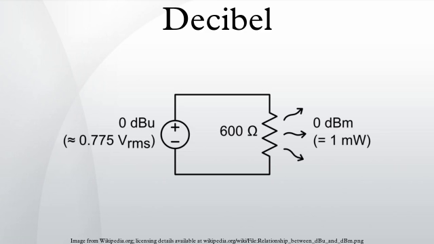More precisely, the factor is 10^(3/10), or 1.9953, about 0.24% different from exactly 2. Similarly, an increase of 3 decibels implies an increase in voltage by a factor of approximately √2, or about 1.41, an increase of 6 decibels corresponds to approximately 4 times the power and twice the voltage, and so on.